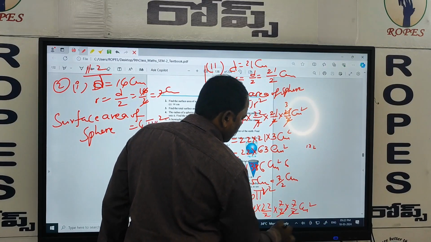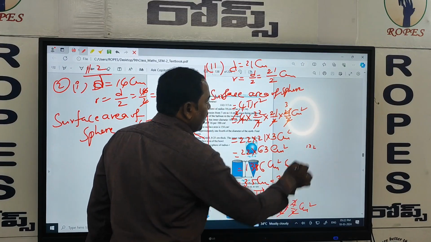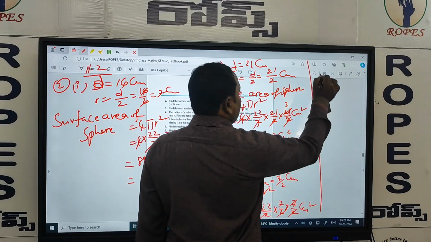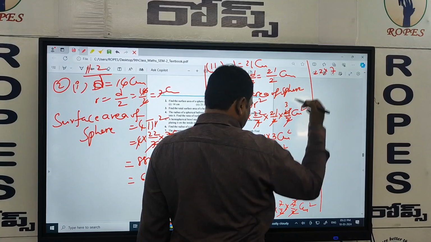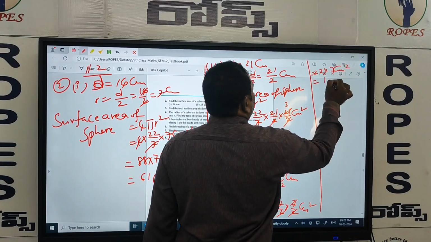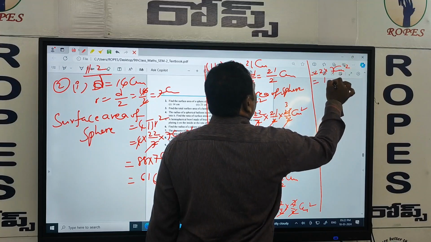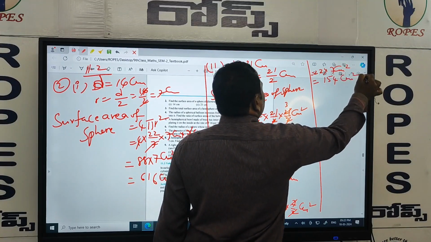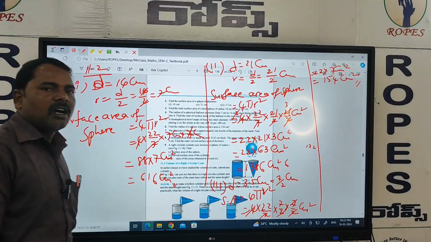So 4, 2, 2 cancel and 7, 7 cancel. Then we get 22 into 7, which is 154 centimeters squared. So this is the surface area.